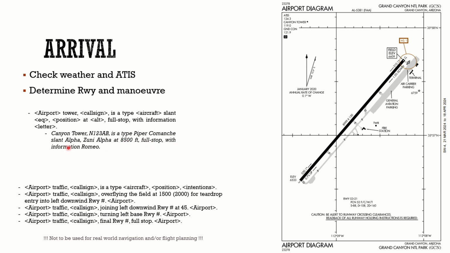Full stop with information Romeo or any other ATIS information that they would have. If we don't have any ATC coverage, then we'll obviously revert to the standard self-announcement, and we just degraded this airport to the class Golf one.